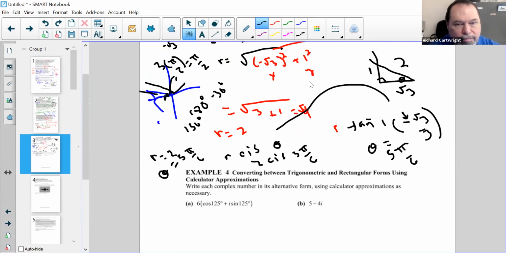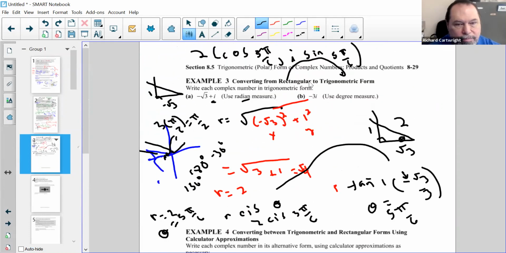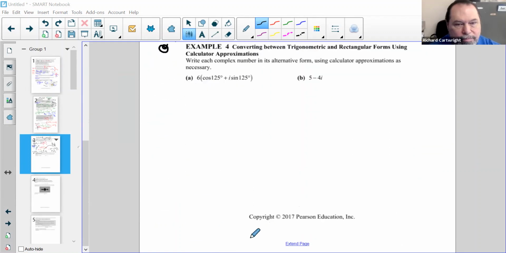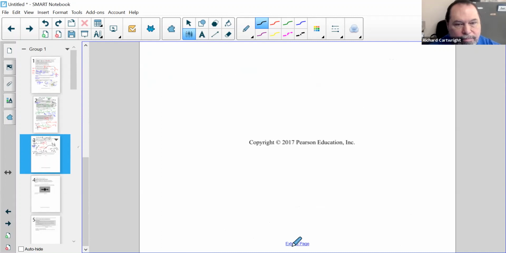Okay. Oh, I didn't do the second problem. Bummer. Let me do this. I can go and add extra room at the bottom of this by hitting right here. This thing's in the way. I'm gonna hit there.